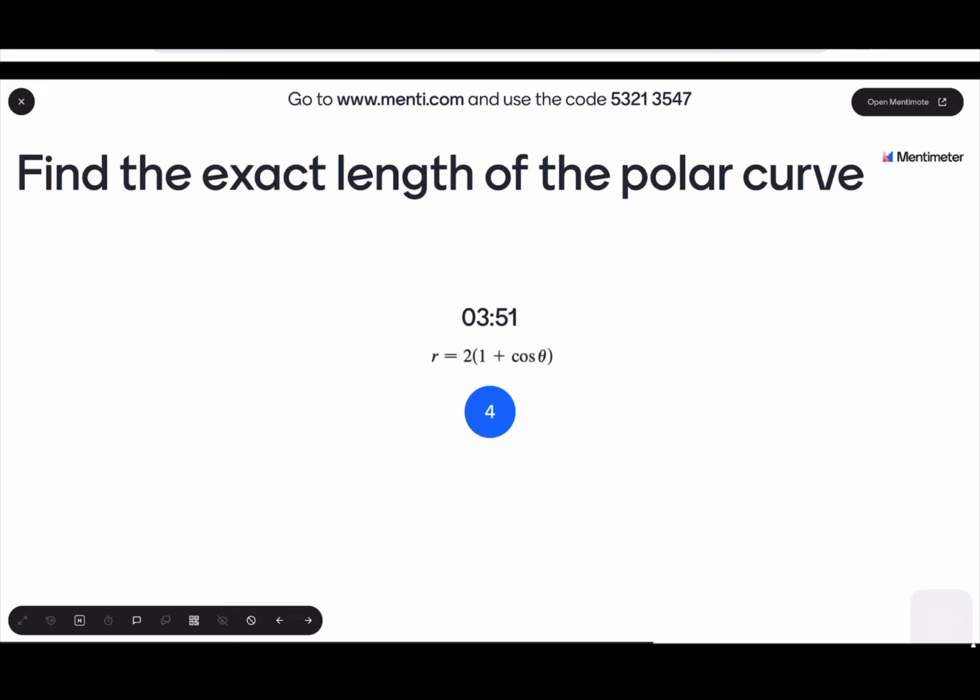It's not mentioned, but suppose that, then you need to assume it's a full circle. Are you sure? Is there something missing? The square root of 2 should be cancelled. Just multiply this with another one.